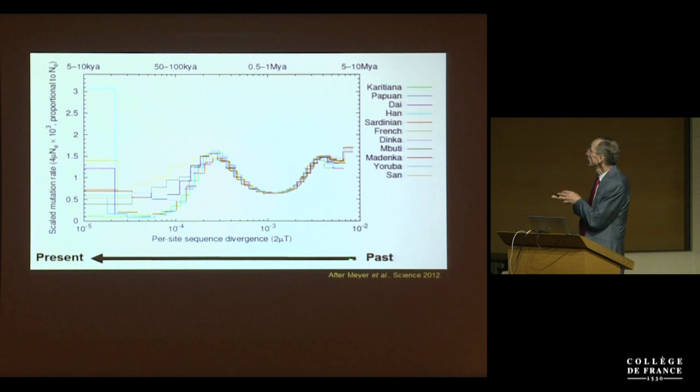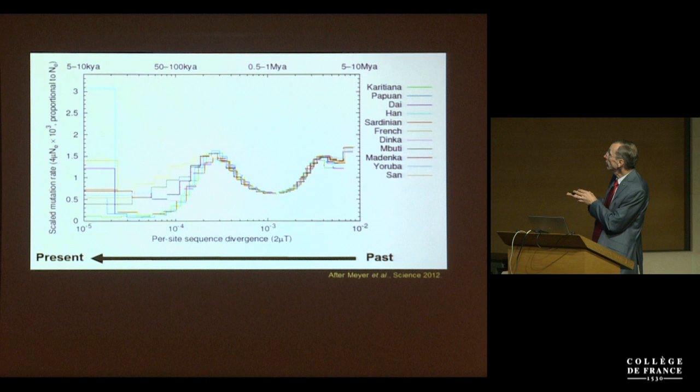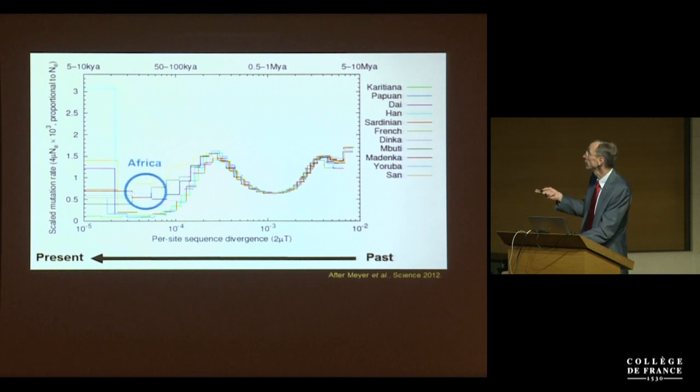So if we now look, this is the past and this is the present. Present-day people, no matter if we live in Africa or Europe and Asia, share a reduction in population size, then a growth in population size, and only quite recently do we see a difference where Africans have more variation than non-Africans.